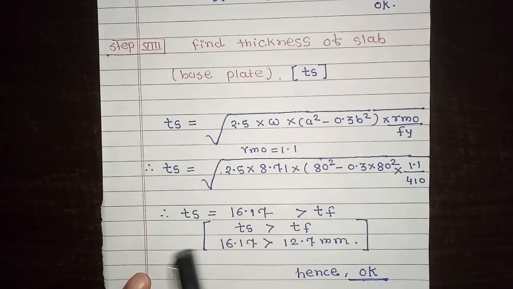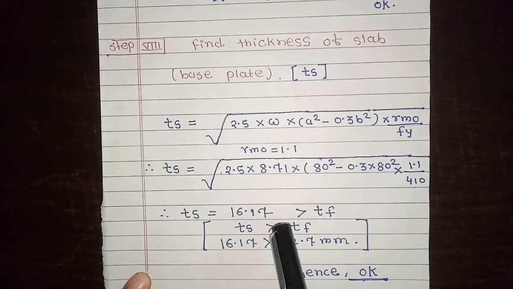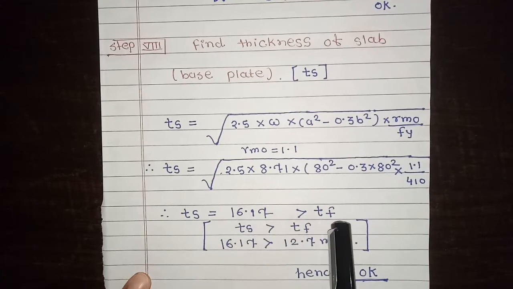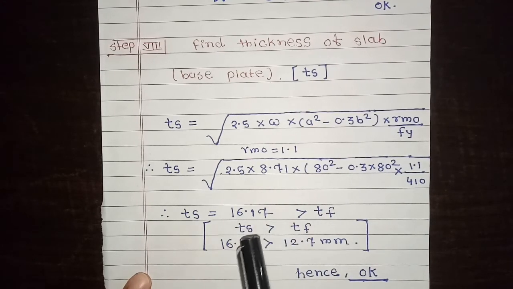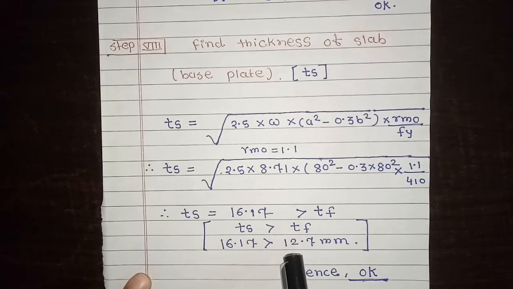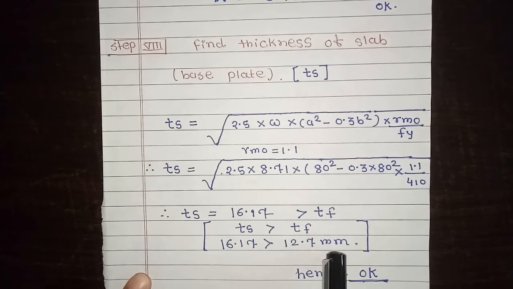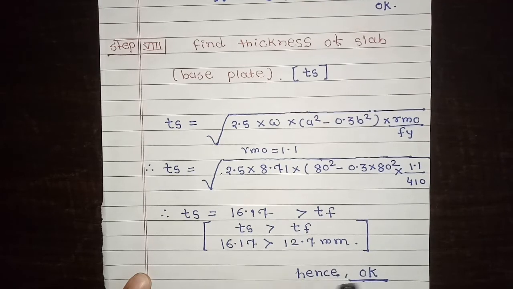Then we get TS is equal to 16.17, which is greater than TF. Hence the condition is satisfied. TS is greater than TF means 16.17 is greater than TF, given as per step second as 12.7 mm. Hence okay.